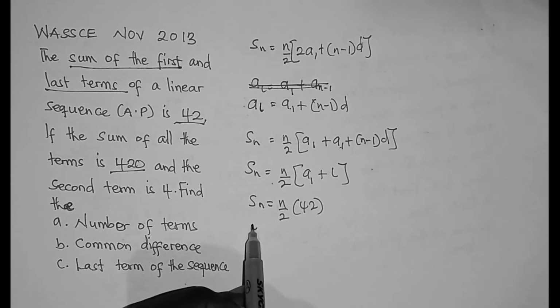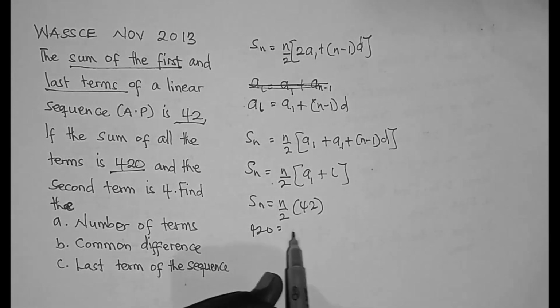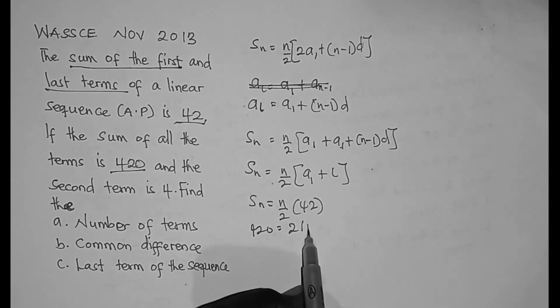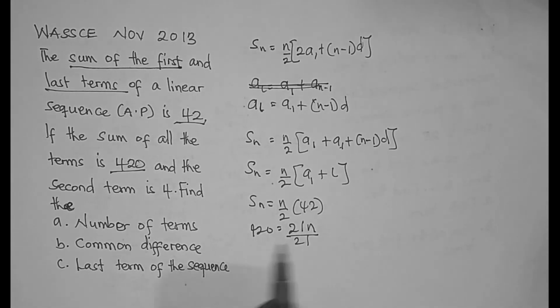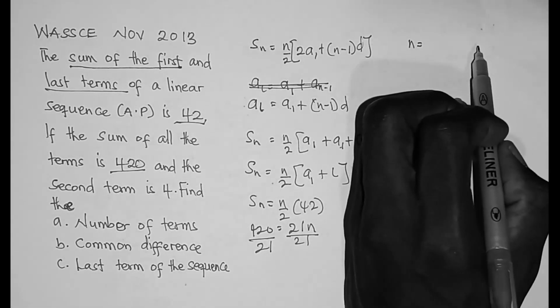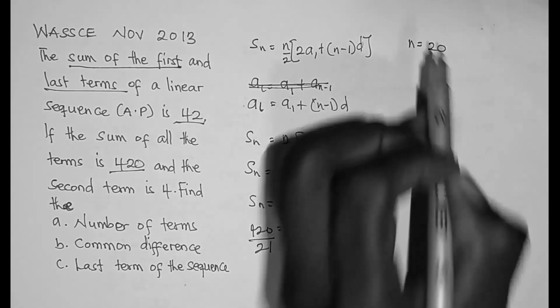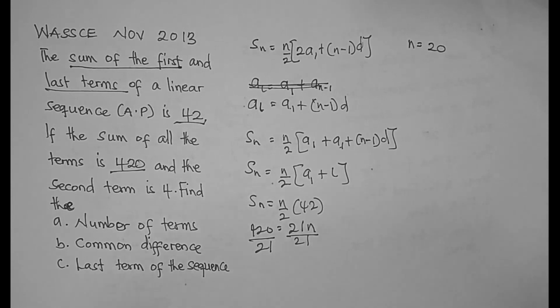So this implies that 420 is equal to 42 divided by 2, which is 21, so 21n. If we divide by 21, we find that n is equal to 420 divided by 21, which is 20. So the value of n is equal to 20.